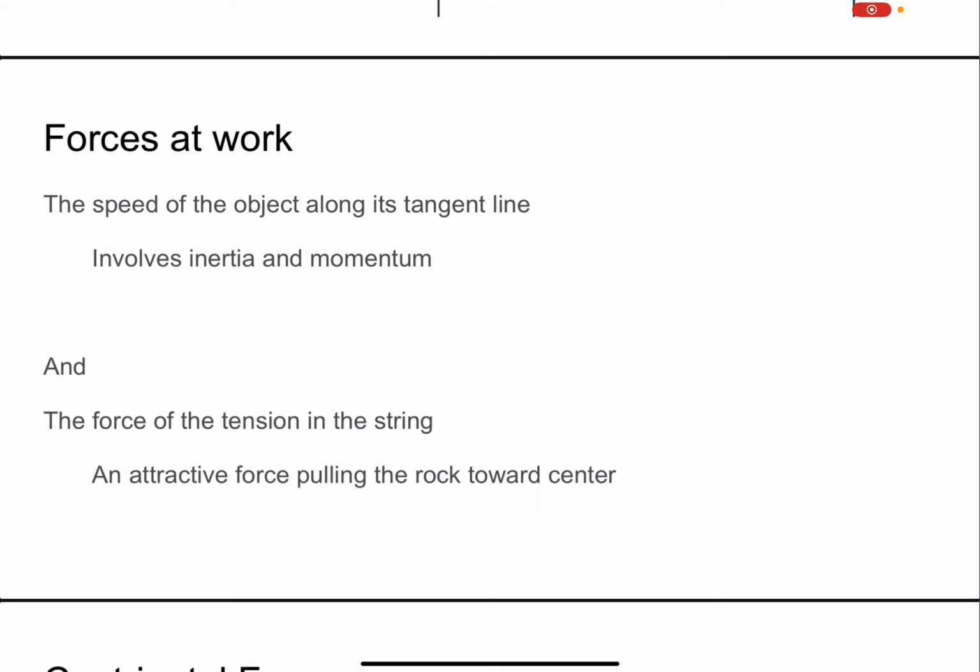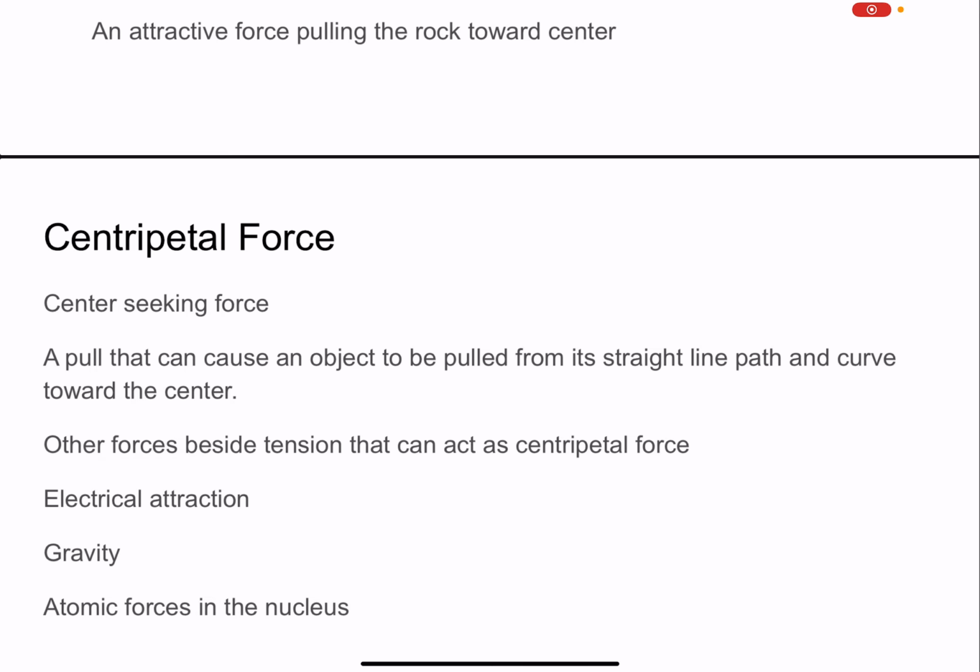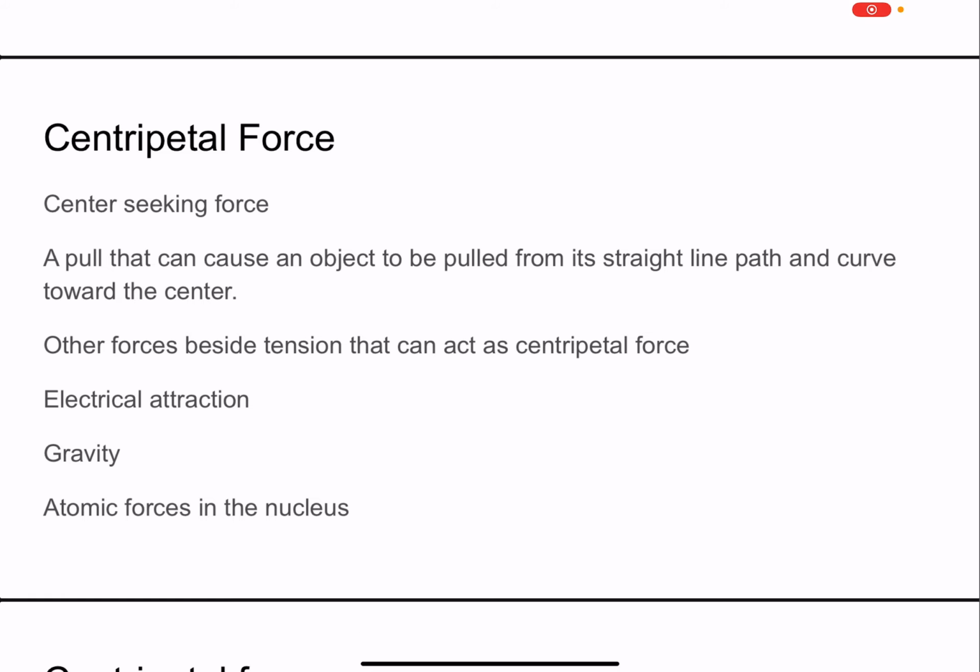As you spin a rock or a ball on the end of a string, there is tension on that string, and an attractive force pulling the rock toward the center. My hand would be pulling it back and away from that tangent line. That's what keeps it going in circular motion as opposed to flying off in a tangent line. If I were there, I'd be demonstrating so you could see that. We'll look at it when I get back before we take the test on Thursday.